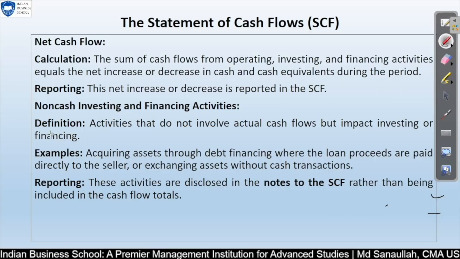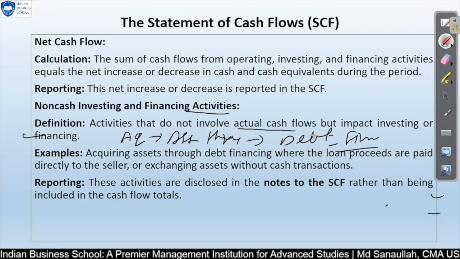Then we have some other point like non-cash investing and financing activity. What does it mean? Definition: activity that does not involve actual cash but impacts investing or financing activity. For example, acquiring an asset through debt financing. There is a transaction between debt financing and the asset.